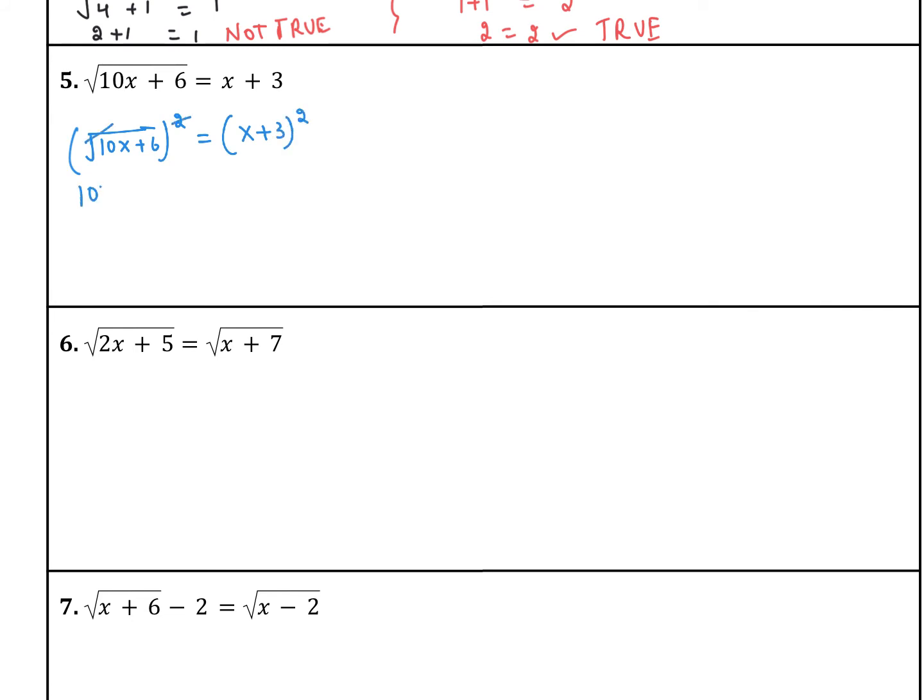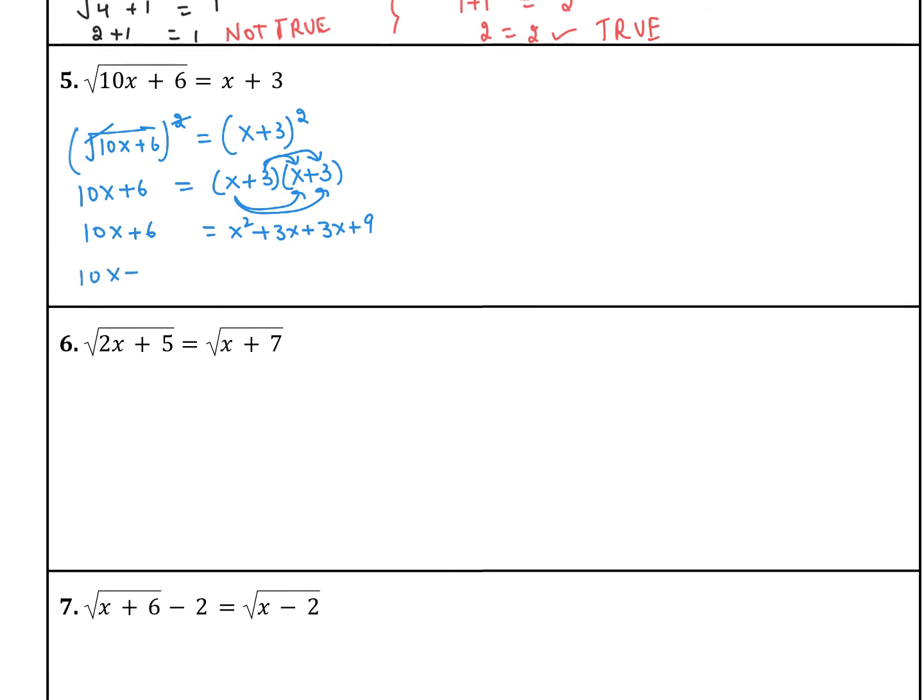What you got here is 10x plus 6, and on this side you're going to get x plus 3 times x plus 3. You're going to make a FOIL for this one, and you're going to get x squared plus 3x plus 3x plus 9, and on this side you got 10x plus 6.